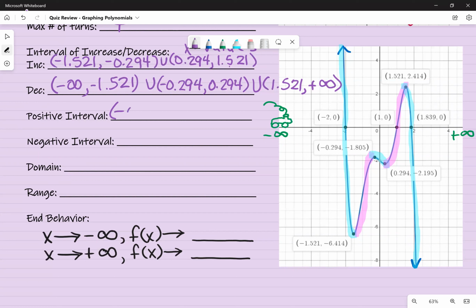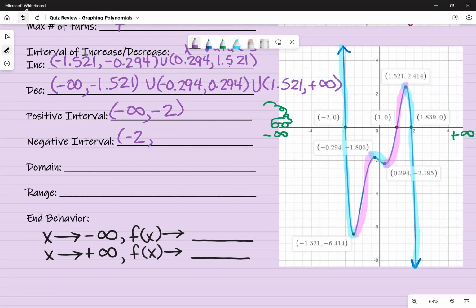So negative infinity, my train goes choo, choo, choo, choo, choo, and it stops at my first x-intercept, or zero, or solution, however you want to say it, which is going to be -2. All right. So from -2, I am going to leave that and I'm going to go into the negative section.